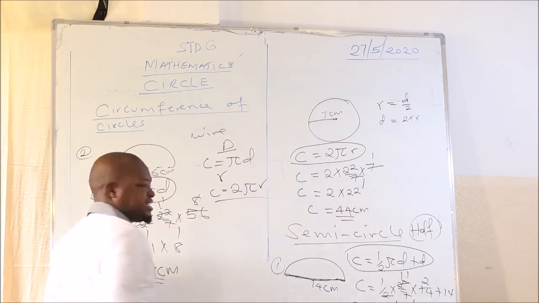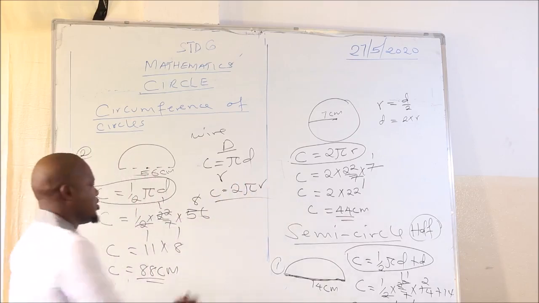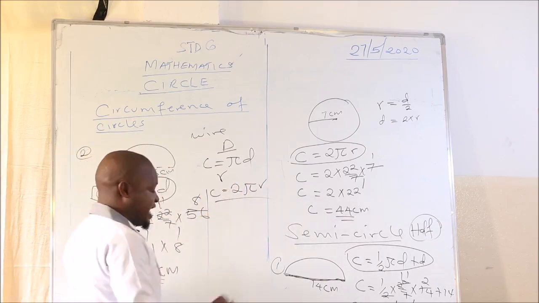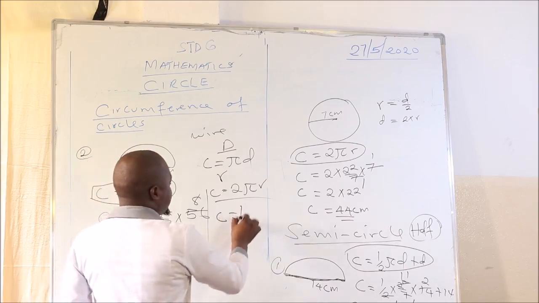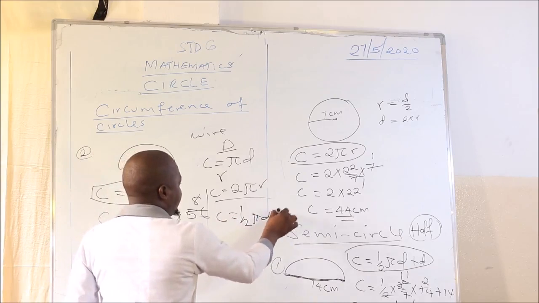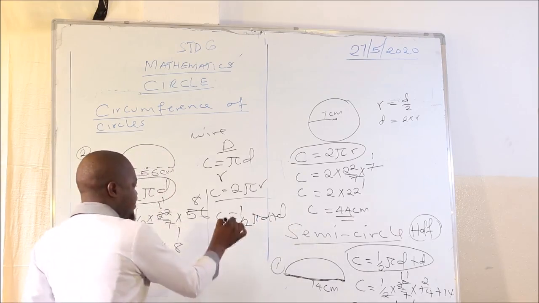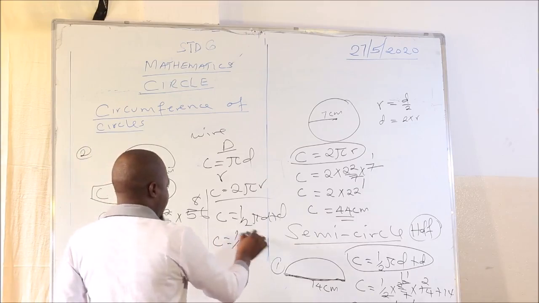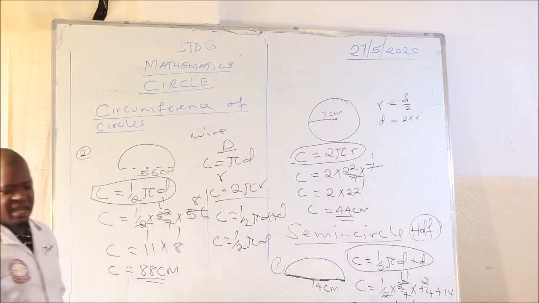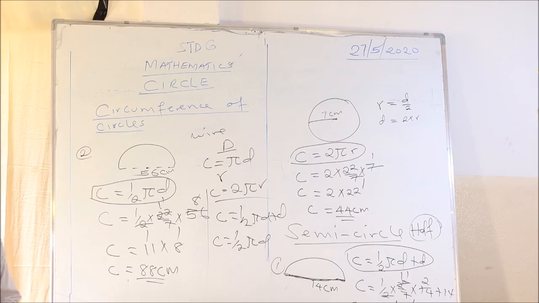We have also discussed the semicircle, and we have said that for a semicircle with the full line, the circumference is equal to a half pi d plus d. And for a semicircle with the dotted lines, we have said that it is a half pi d. So these are very important, and I want you to remember them always.